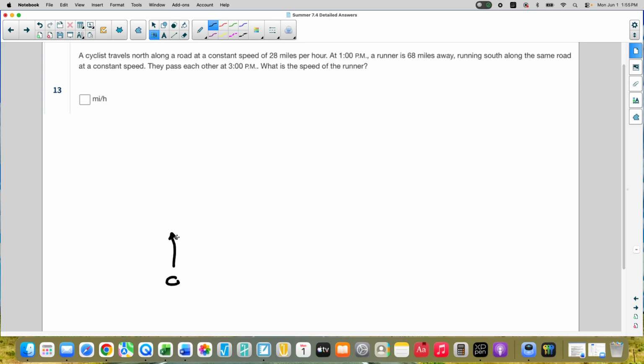At 1 p.m., a runner is 68 miles away, so my runner is going south along the same road at a constant speed. They pass each other at 3. What is the speed of the runner? The cyclist is traveling north at a constant speed, so his distance and rate, and the runner is 68 miles away.